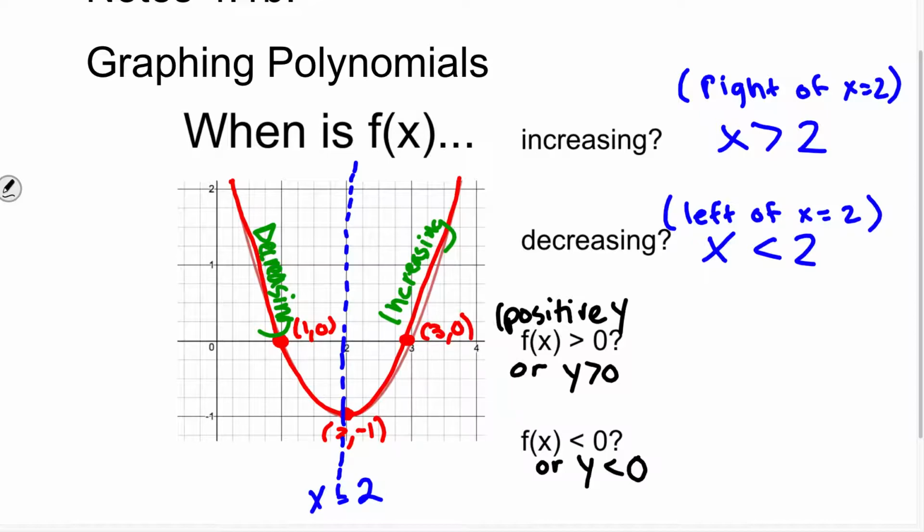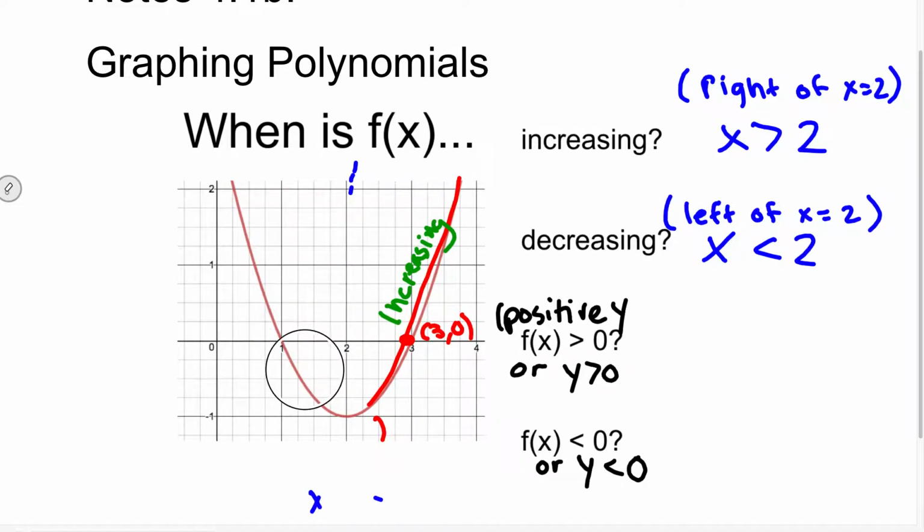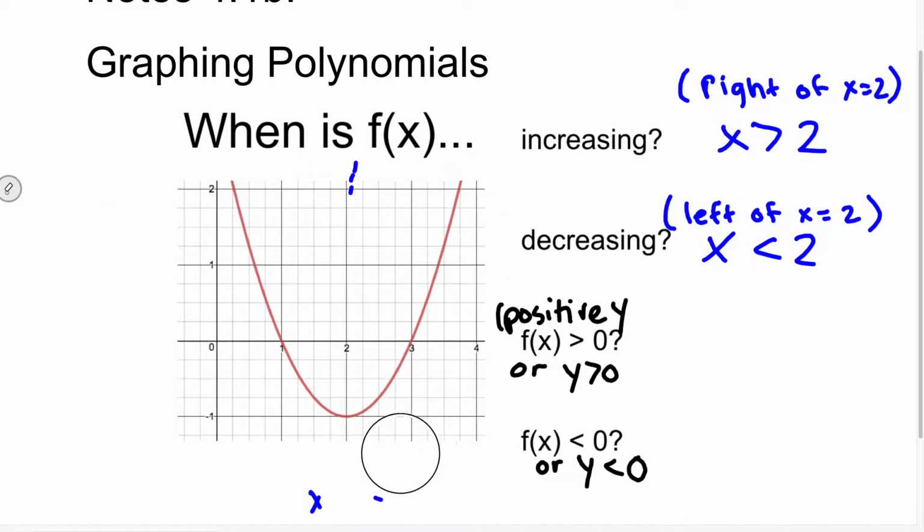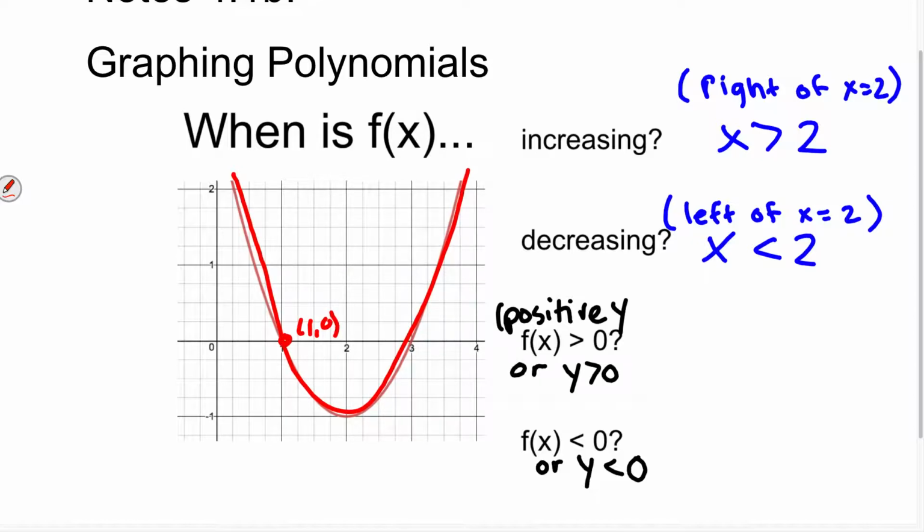And positive y's in this picture, I'm going to erase everything for right now, because it gets a little messy otherwise. Positive y's in the picture happen when y is above the x-axis, right?